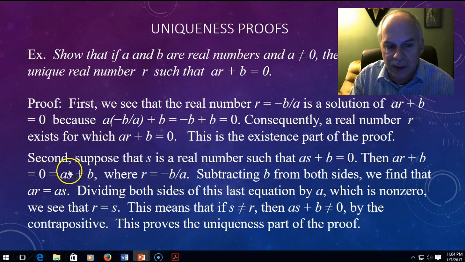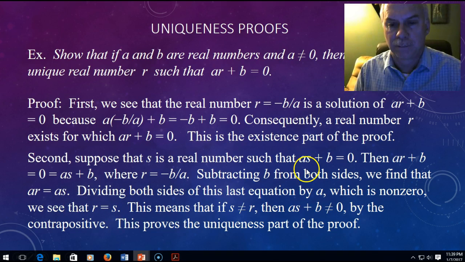then you can basically solve this equation. So subtract b from both sides, and we're subtracting b from this side, so it'll be just ar. We're subtracting b from as plus b, so it'll be just as. And then we divide both sides of the equation by a, and we get r equals s.